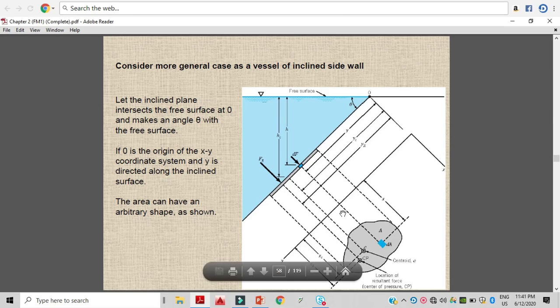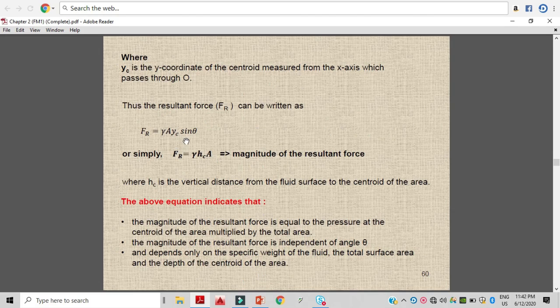You can see from here to here this is yc. So you can make a triangle: yc is the hypotenuse, hc is the perpendicular, and theta is the angle. So hc will be equal to yc sine theta. So we replaced yc sine theta with hc.